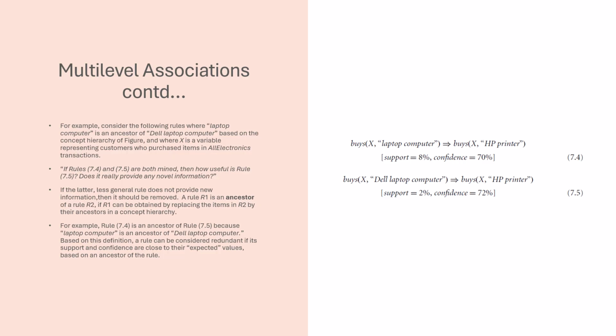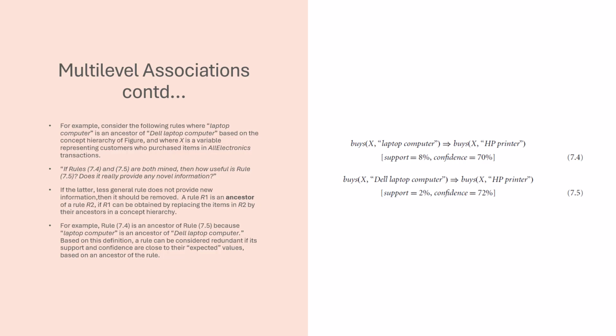If both rules 7.4 and 7.5 are mined, then how useful is rule 7.5? Does it really provide any novel information? If the latter, less general rule does not provide new information, then it should be removed.